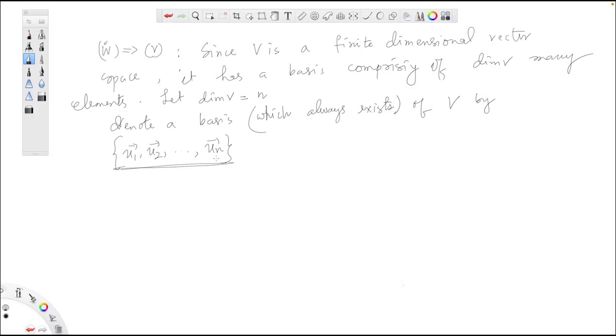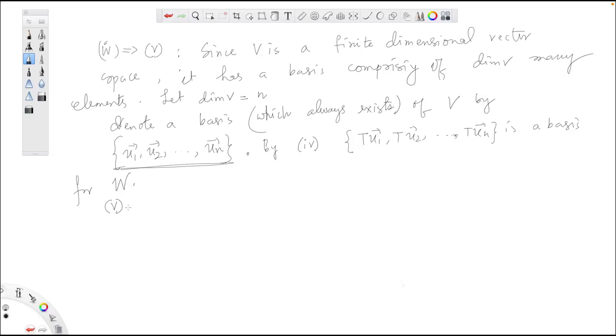Now by condition 4, TU1, TU2, all the way up to TUN is a basis for the vector space W. So this is what we needed to prove for condition 5.